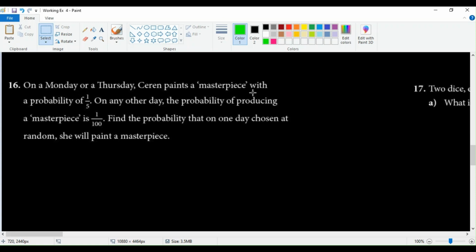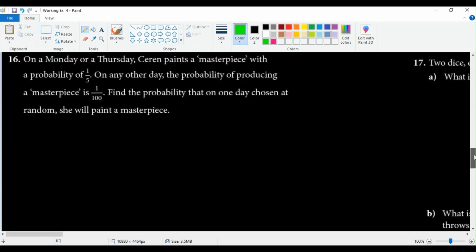So in here, first of all, we go for probability of having a masterpiece. Probability of masterpiece on Monday and Thursday is going to be 1 over 5. This is given in the question itself. And masterpiece on any other day is 1 over 100.